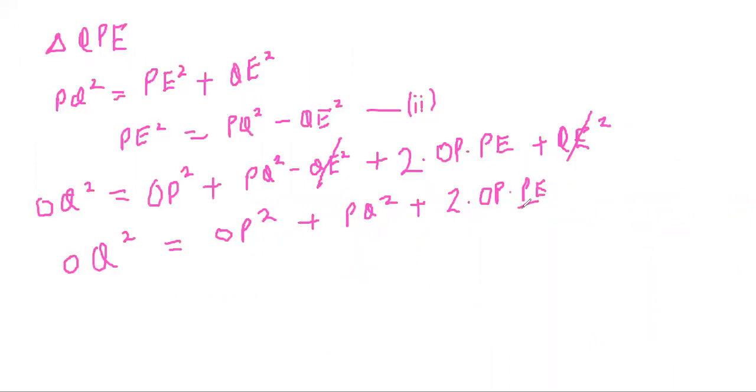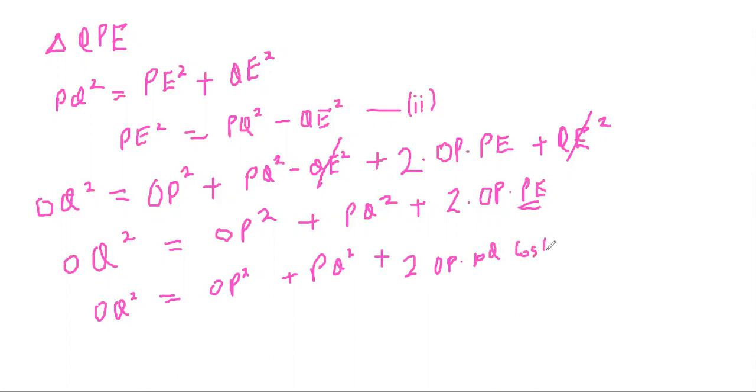This PE can be replaced by PQ into cos theta. So this equation becomes OQ square is equal to OP square plus PQ square plus 2OP into PQ cos theta.